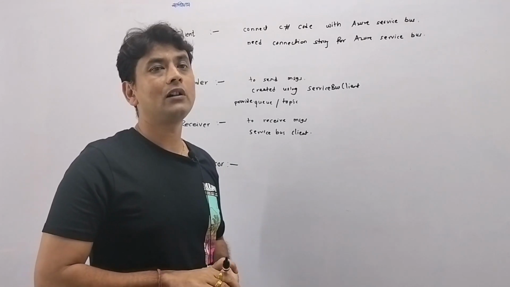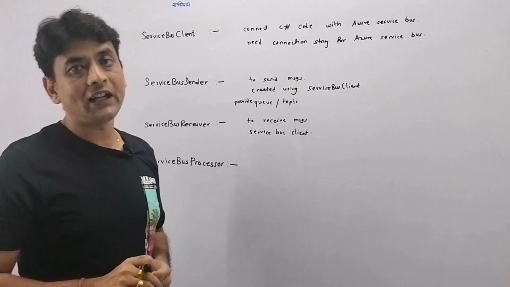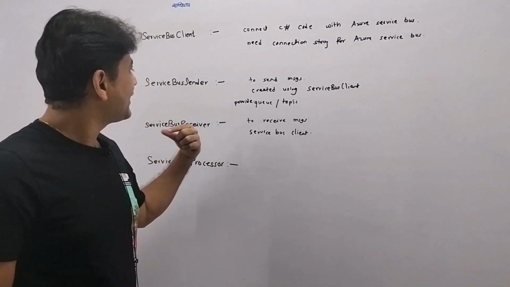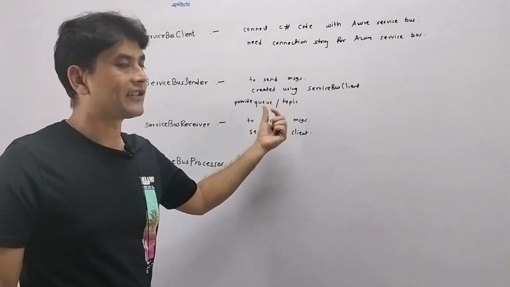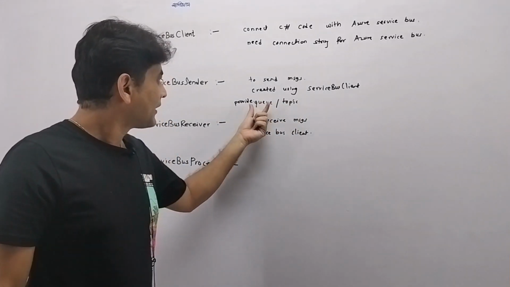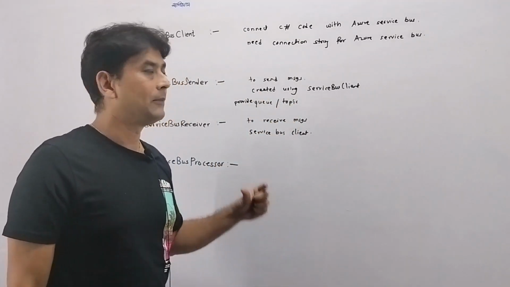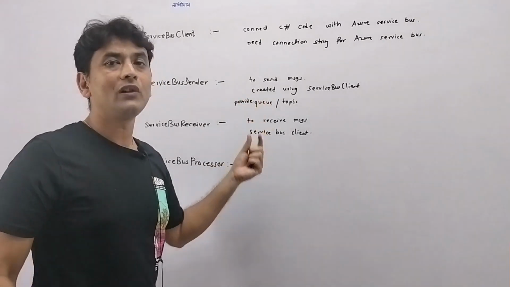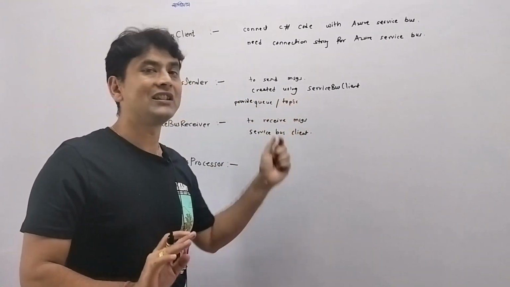And guys, if you have gone through my earlier video, there we have understood that when we are sending a message to a queue or a topic, the process is the same as far as message sending is concerned. But when we are receiving the message from a queue and receiving the message from a topic, it's different. I mean, receiving a message from a queue is equivalent to receiving a message from a subscription within that topic.